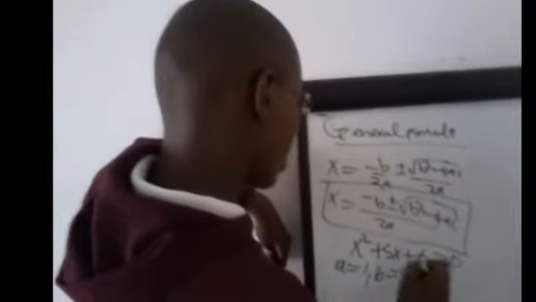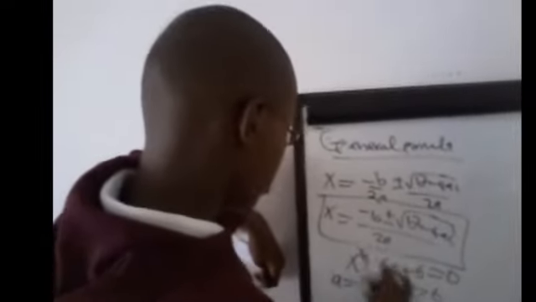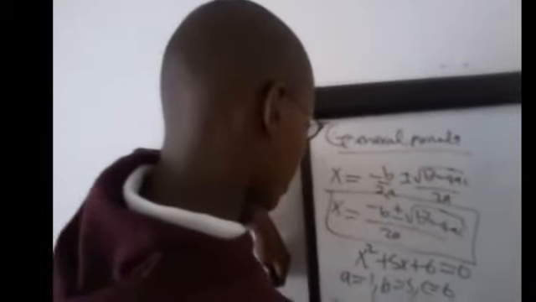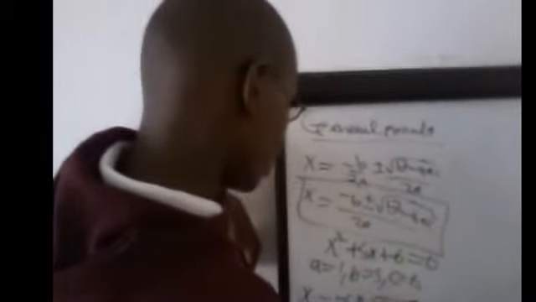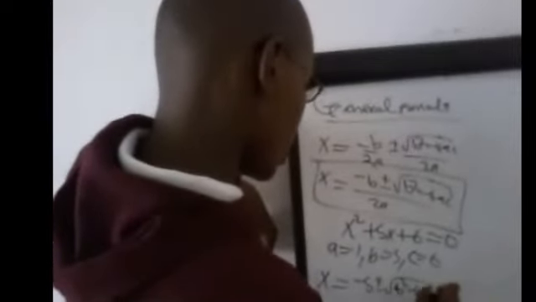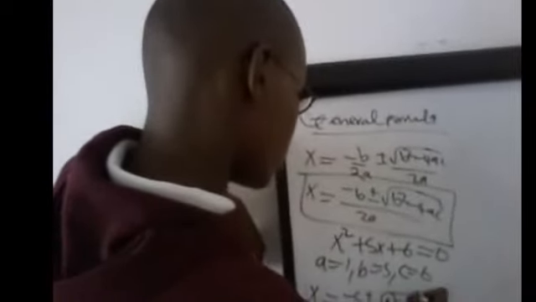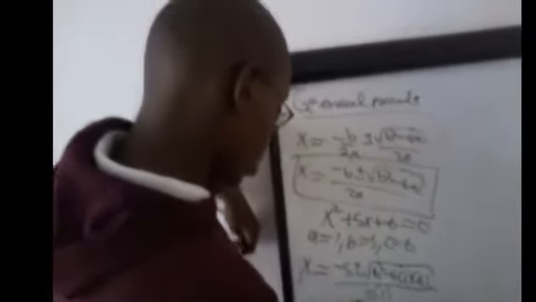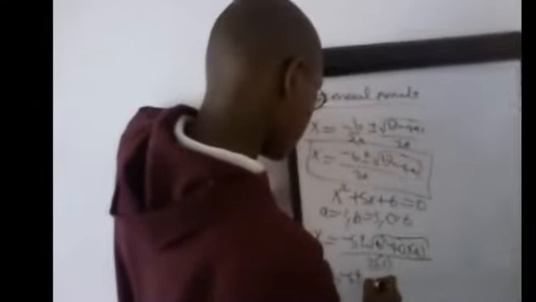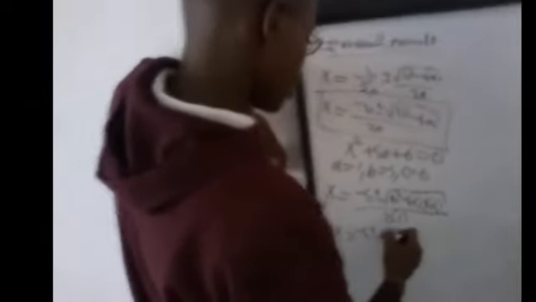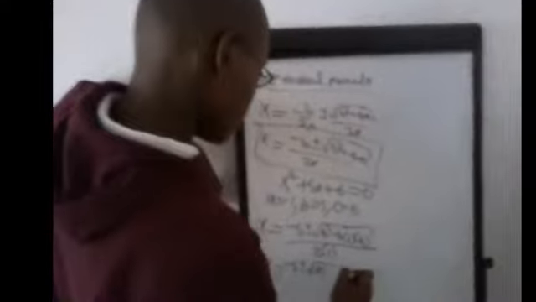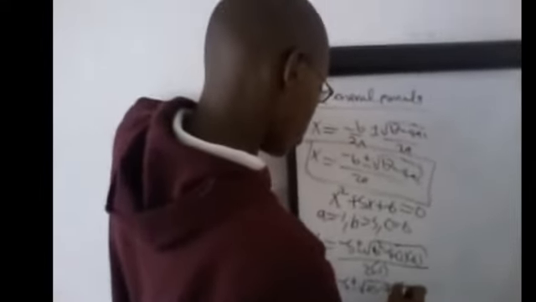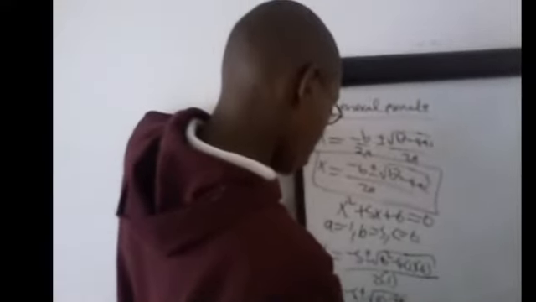We substitute these values into the formula and get x equals minus 5 plus or minus the square root of 5 squared minus 4ac, over 2a. We get x equals negative 5 plus or minus the square root of 25 minus 24, over 2.